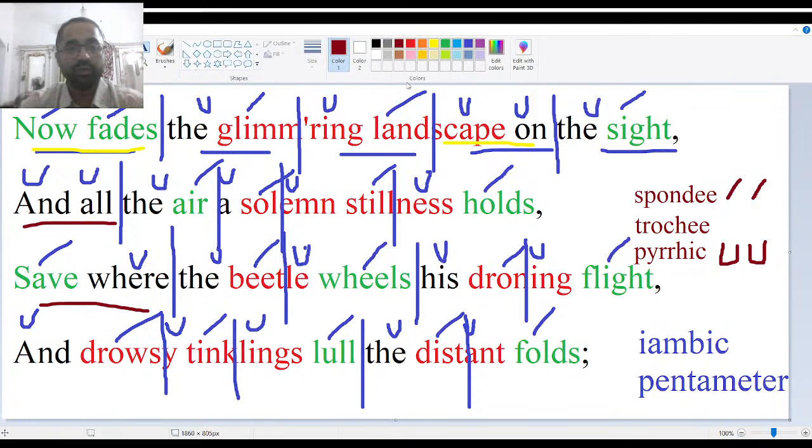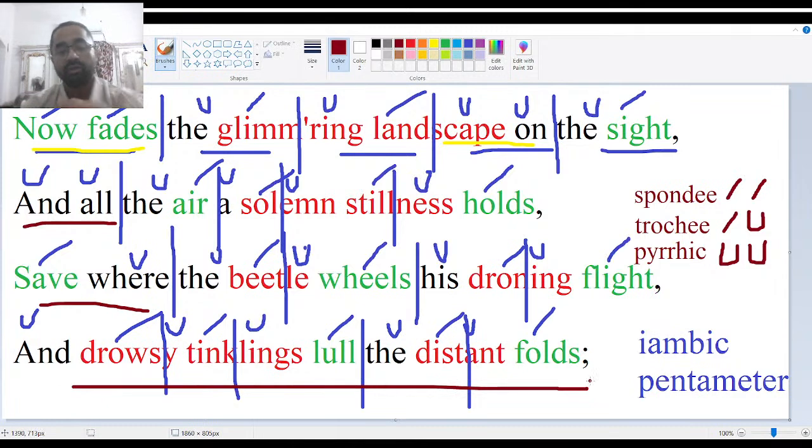What does a trochee look like? It looks like this: a stressed syllable followed by an unstressed one is a trochee. So, save where the beetle wheels his droning flight. The rest of the line is fine. There are no variations. And drowsy tinklings lull the distant folds. There are no variations either in the fourth line.